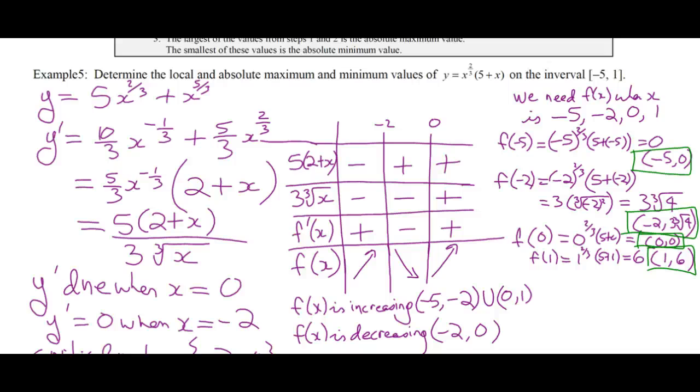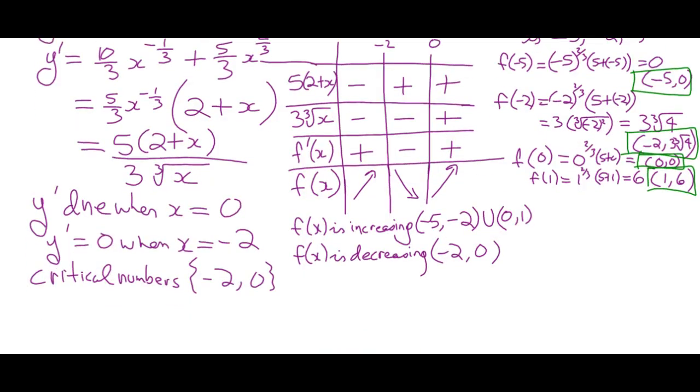Now, the negative 5, 0, is that a local? Absolutely not, right? Because it's on one side, it's just there. To be local, you need points on either side of negative 5, but we're just at negative 5. So we have an absolute minimum at negative 5, 0.